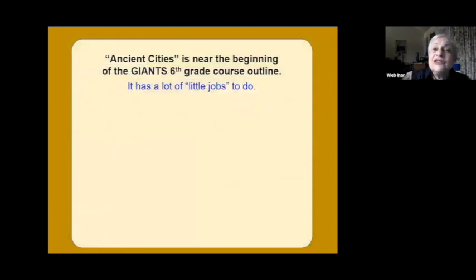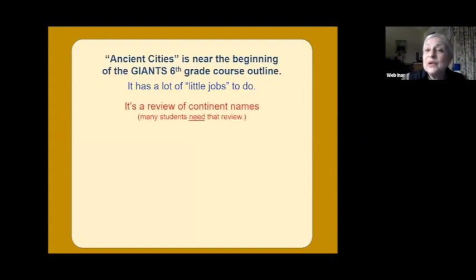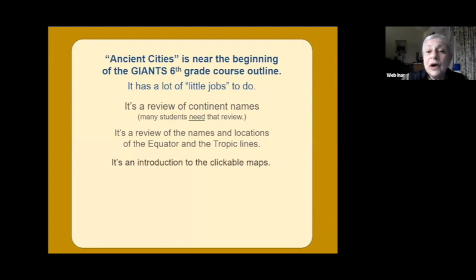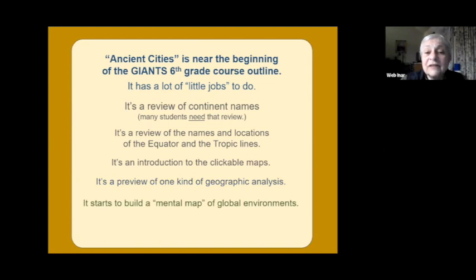Ancient cities we put at the beginning of our giant sixth grade course curriculum. It has a lot of jobs to do. It's a review of continent names. It's a review of equator and tropic lines. It's an introduction to clickable maps. It's a preview of how we look at topics in relationship to each other, geographic analysis.